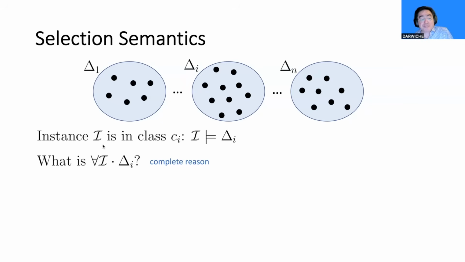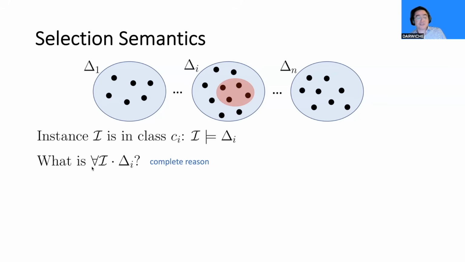And what does this mean? I'm computing an abstraction of the instance. That is the complete reason. What is that? Okay. Now, that's just another formula. So it characterizes another set of instances. So what are these instances? These are a subset of the class. So I is inside this circle.